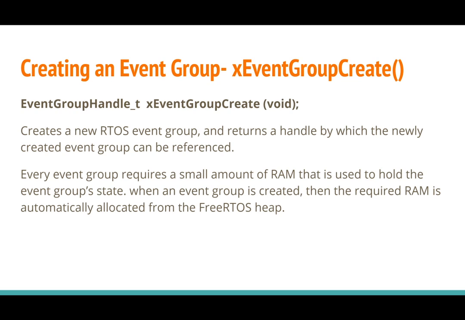So now we're creating an event group. We use the xEventGroupCreate function, which takes void and returns a handle. The handle is the EventGroupHandle_t by which the newly created event group can be referenced.